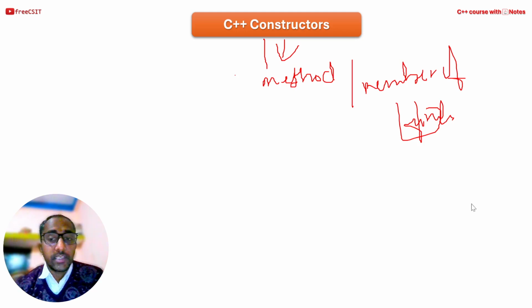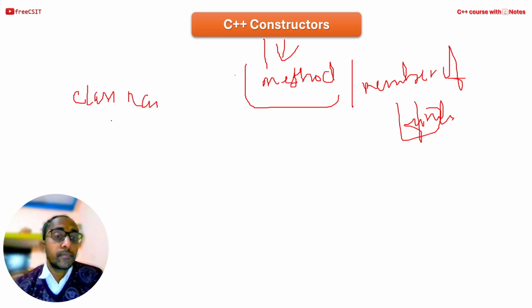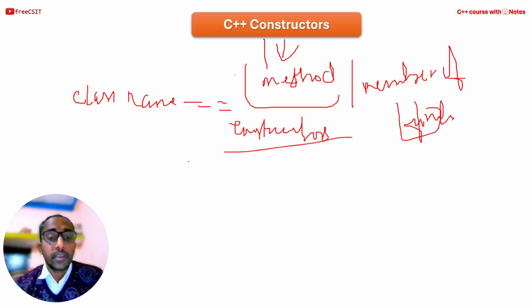So what does it mean? It means the name of the constructor will be the same as the name of the class: class name equals constructor name. I'll show you in the coding and lab part how to create it and how you can execute the code.